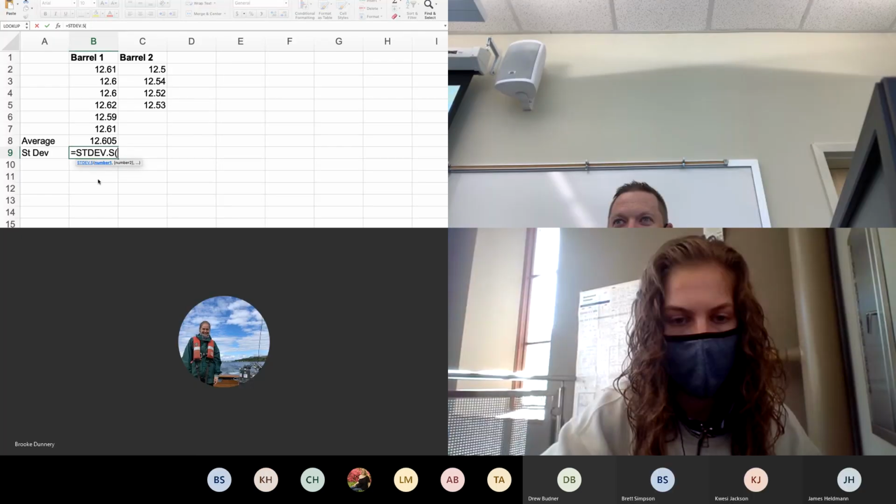So for the one we called 1, which was barrel 2, it had 4 data points, so degrees of freedom of 3. And for the second one, which was barrel 1, it had 6 measurements, so degrees of freedom of 5. So the number we put in is 5.41.